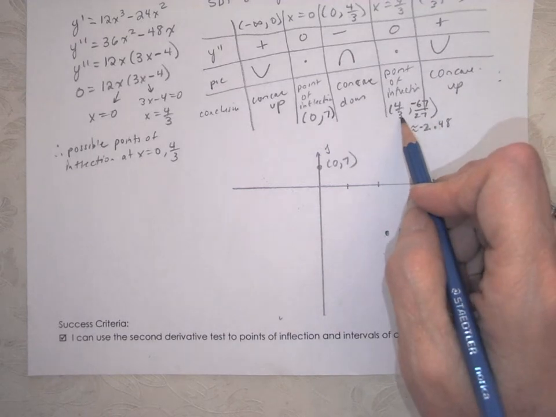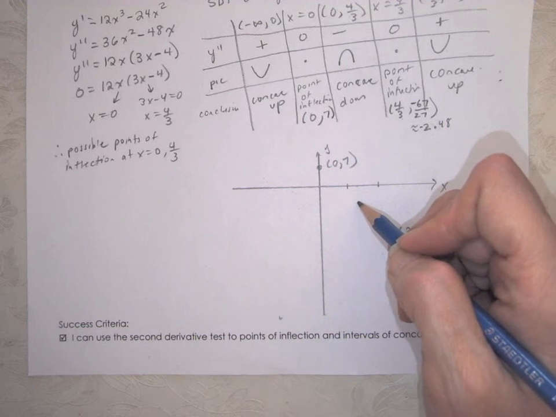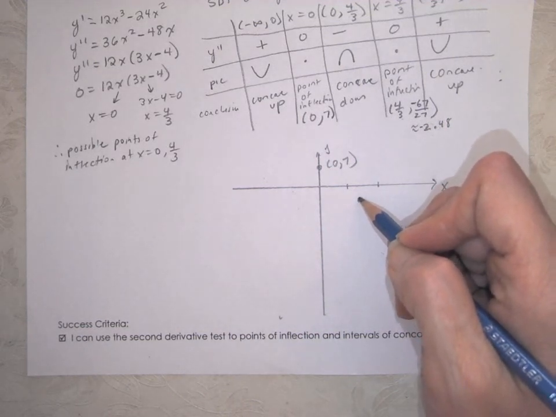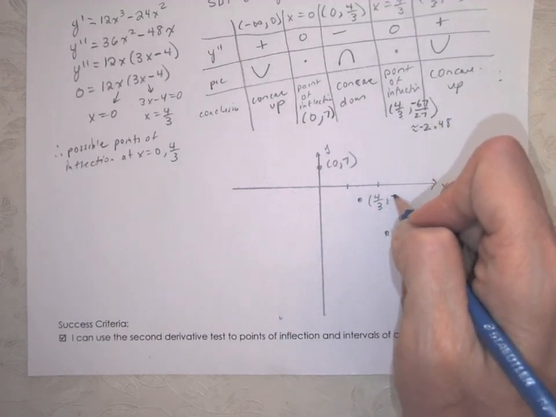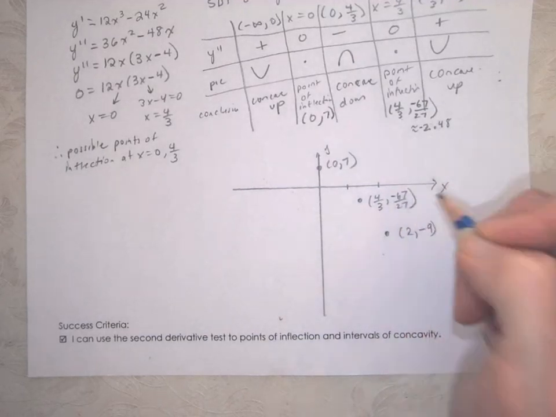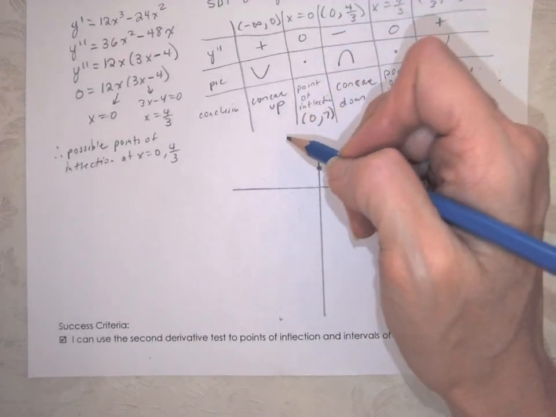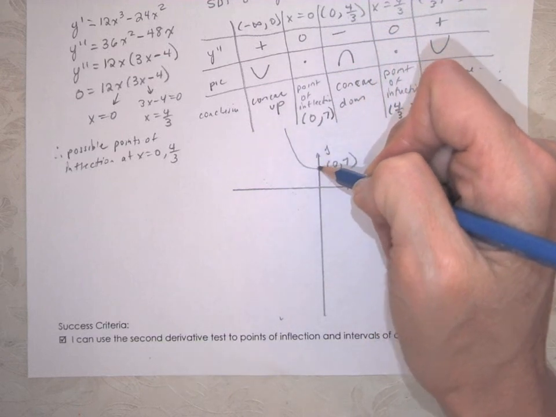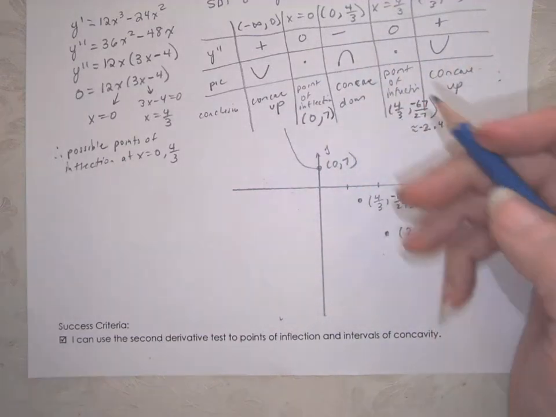And now 4/3 is 1 1/3 and negative 2.5. So 1 1/3, negative 2.5 stays about here. So we'll label that 4/3 and negative 67 over 27. And we're concave up from negative infinity to 0. So concave up from negative infinity to 0. Concave down from 0 to 4/3.